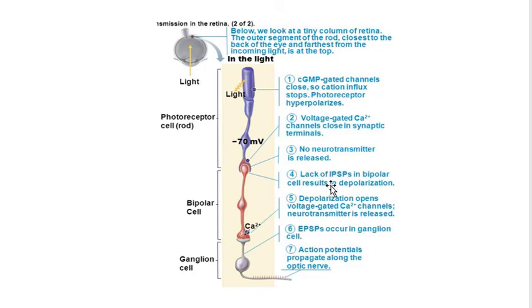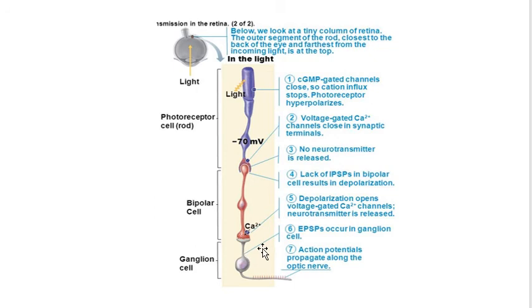There's a lack of IPSPs in the bipolar cells, resulting in a depolarized state. So in short, there's no inhibition, and because there's no inhibition, there's excitation. Depolarization opens the voltage-gated calcium channels, and the neurotransmitter is then released.